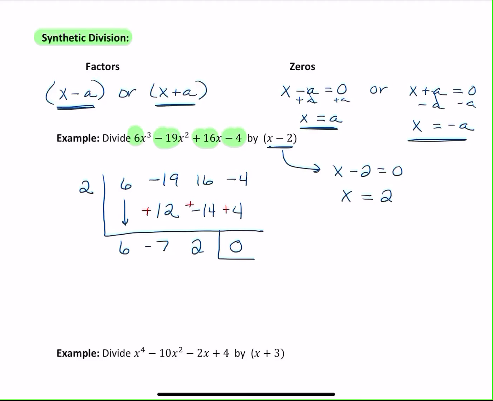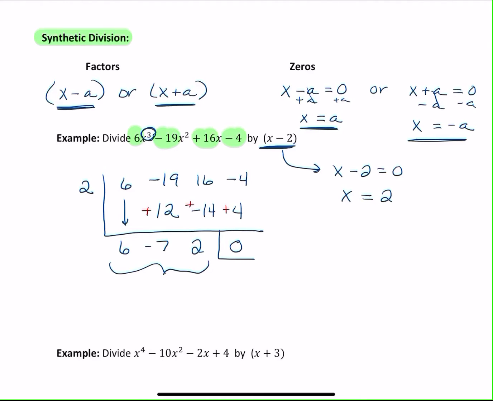So I've got 6, negative 7, and 2. What those are is those are the coefficients of your answer. So what I've done here is I've taken a third degree polynomial and factored out a linear term. So I've factored an x out of an x cubed, which is going to leave me a 2 degree or a quadratic.